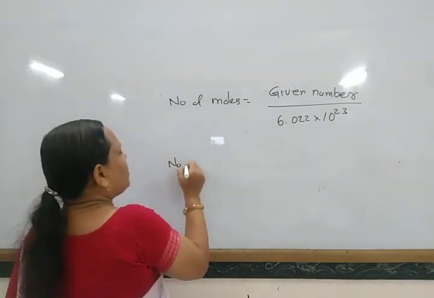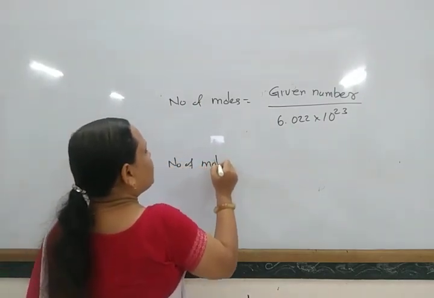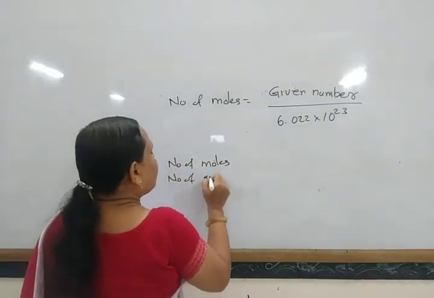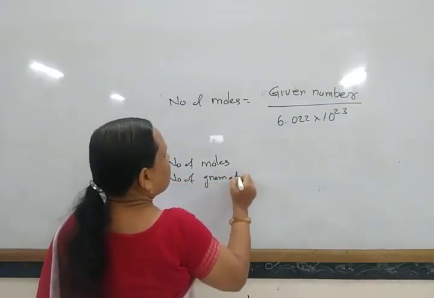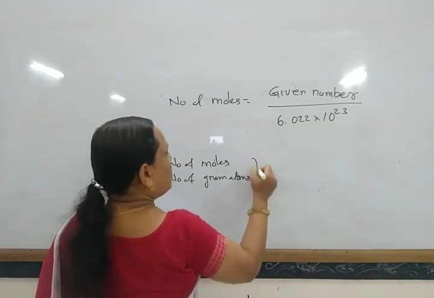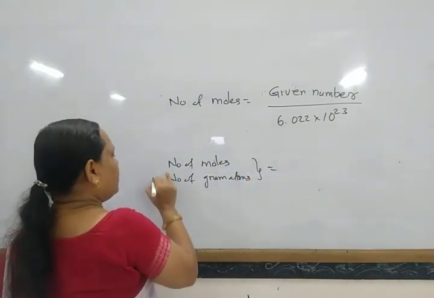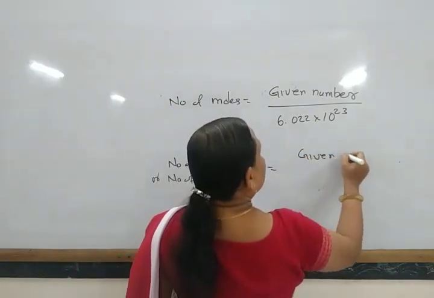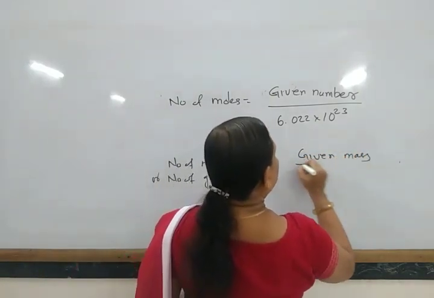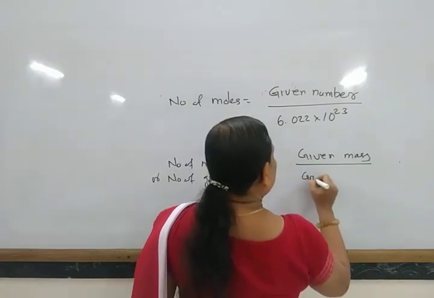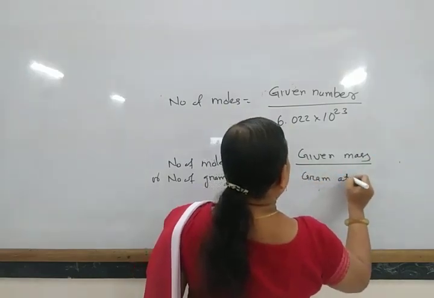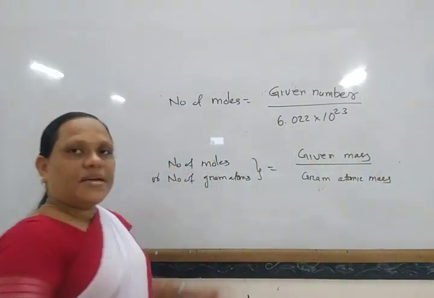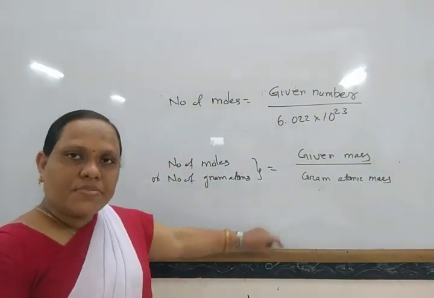Similarly, number of moles, or we can say number of gram atoms, is equal to given mass divided by gram atomic mass.